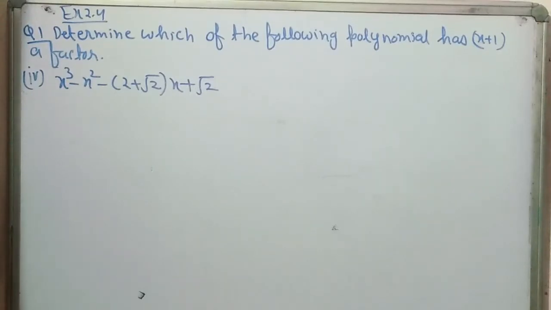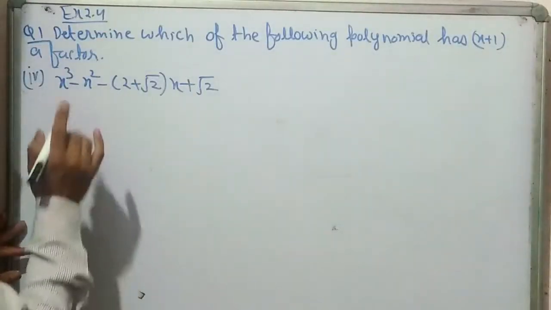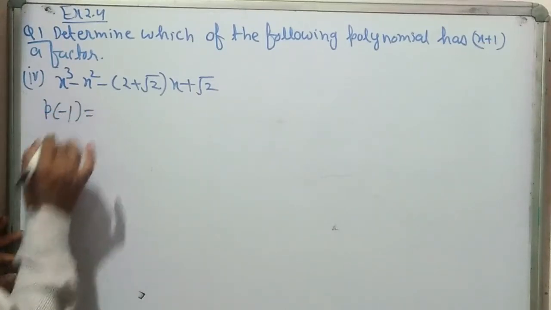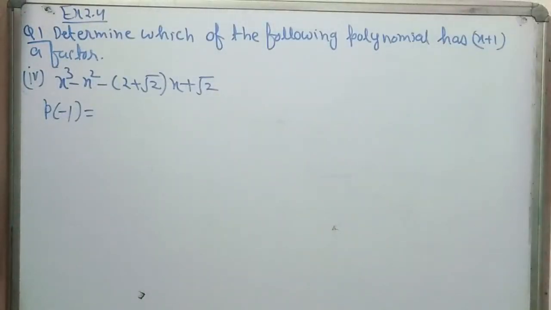The fourth part, dear students, is x cube minus x square minus (2 plus square root 2) in the bracket, x plus root 2. As usual, we have to find the polynomial's value at x equals minus 1 because the factor being asked is the same, x plus 1.